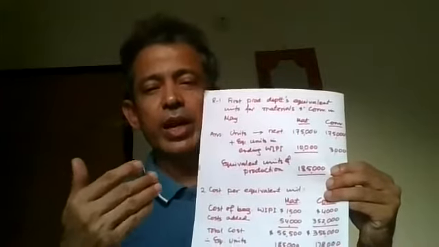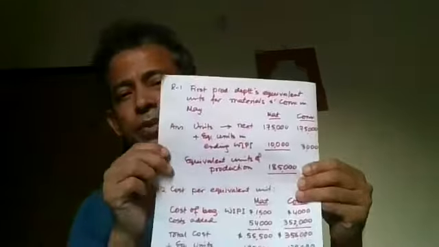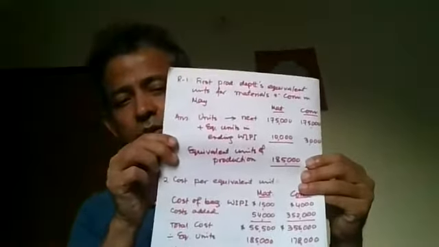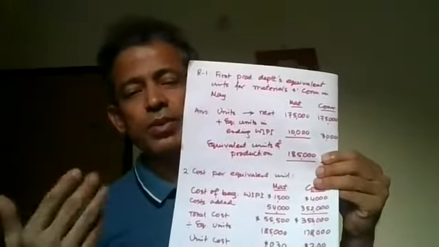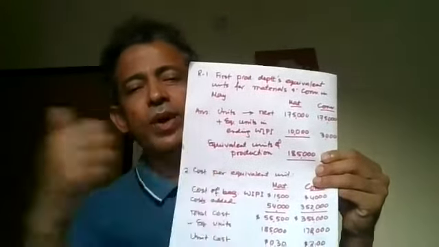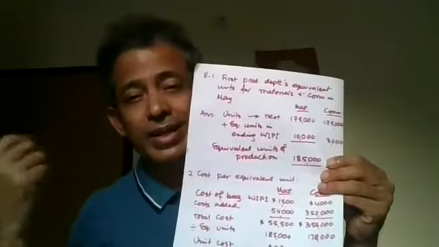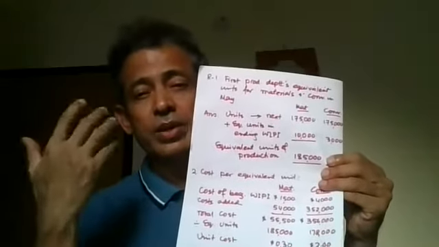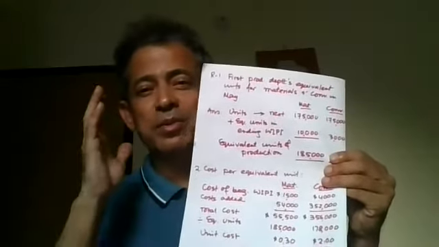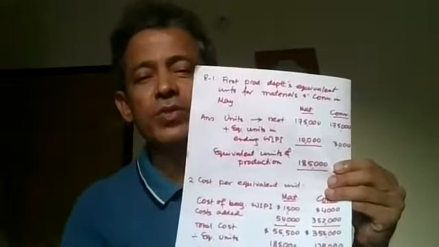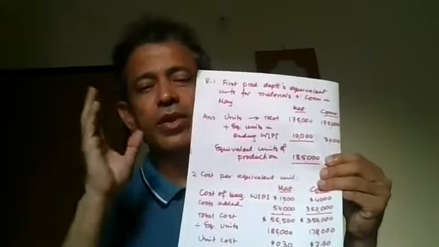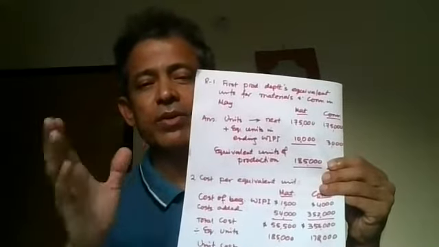Another way of looking at it, the way the author, Garrison, wants us to solve, and some of you might find it easier, is to find out how many units you have transferred out to the next department, which is 175, and they must be complete, because unless they are complete, you would not have transferred them to the next department. So that's 175,000 taken for granted.